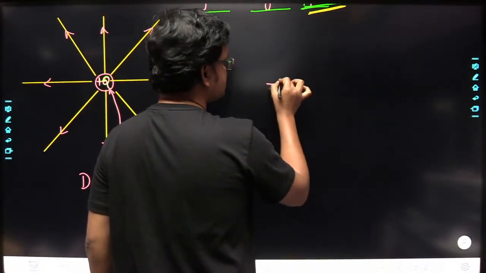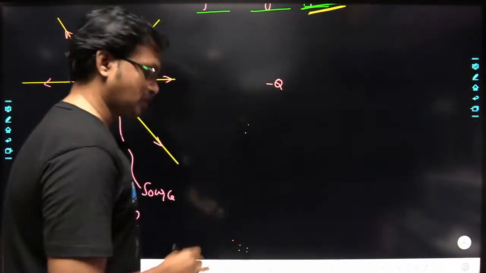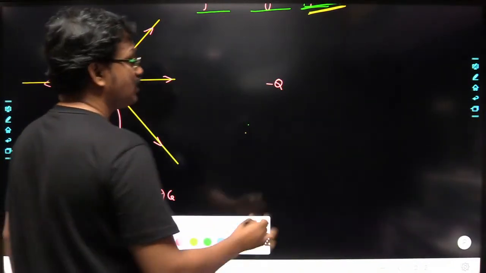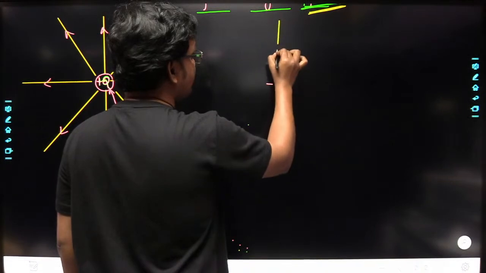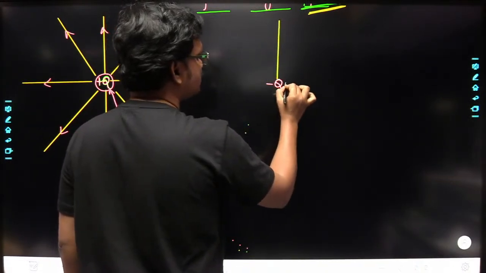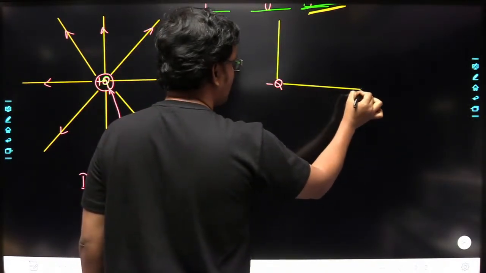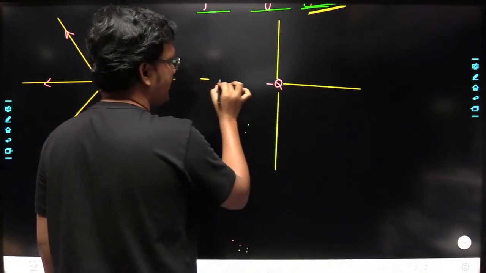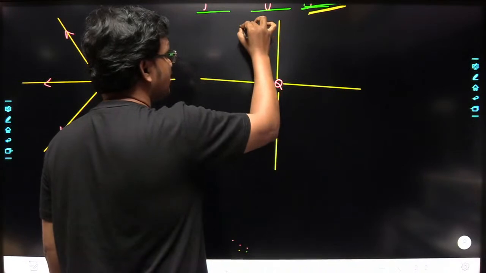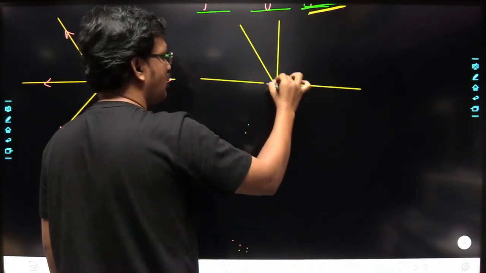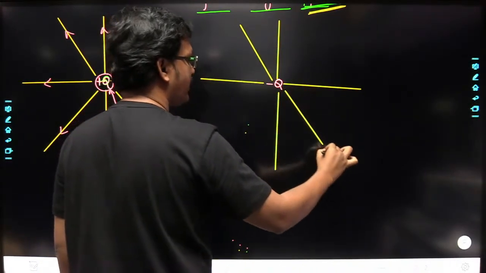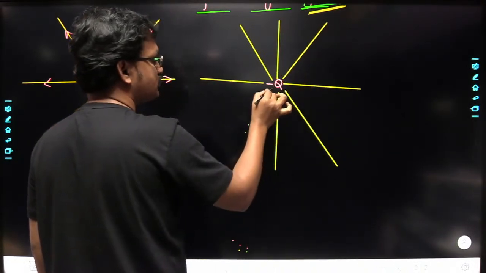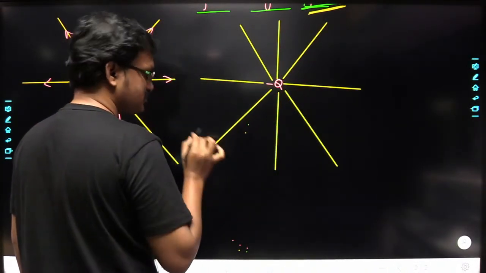Now if I consider a negative charge here, let us assume I am considering a negative charge. Now in this case what will happen here? Now in this case all the field lines are going to converge. Yes or no? All the field lines are going to converge radially towards the negative charge, in this manner, right?